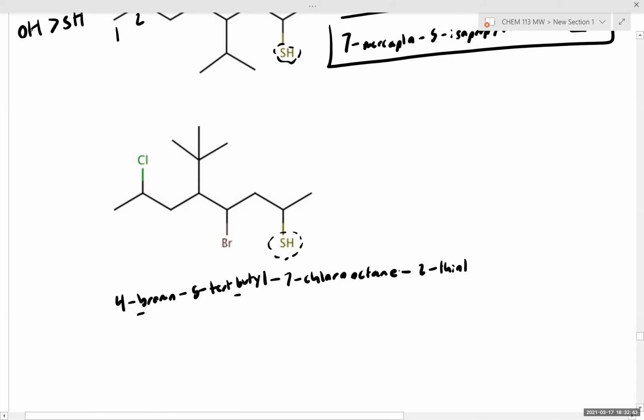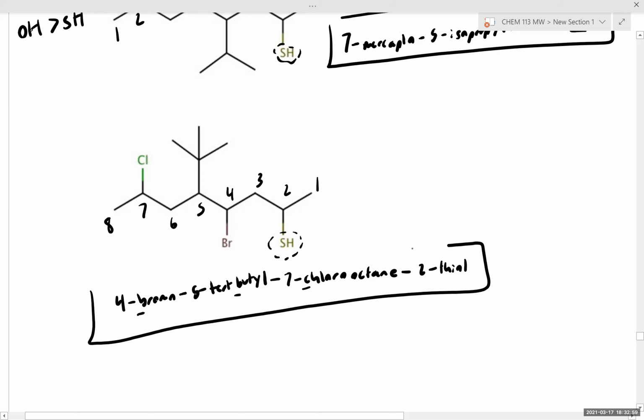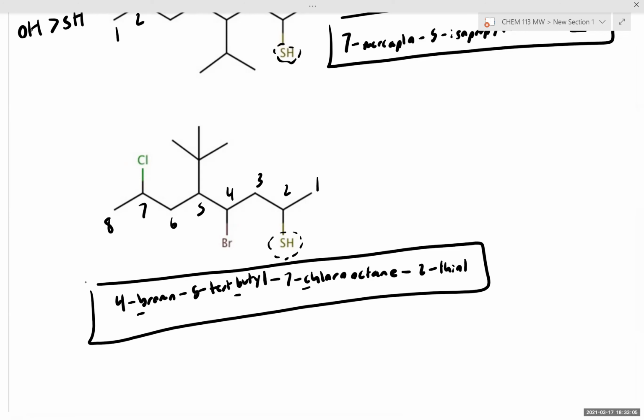But other than that, the naming and ordering of the substituents looks great. Bromo before tert-butyl alphabetically, chloro next, thiol is part of the suffix. And the locant numbers look perfectly reasonable. Any questions on this example? Any further questions on this example?